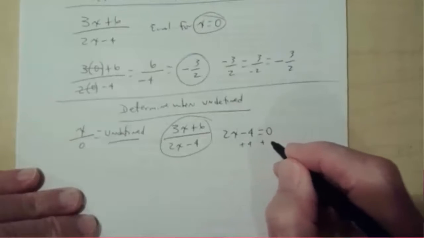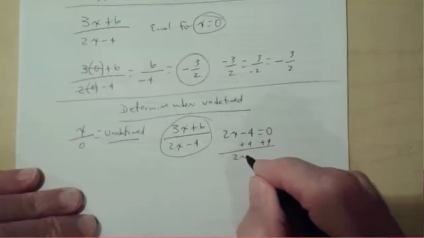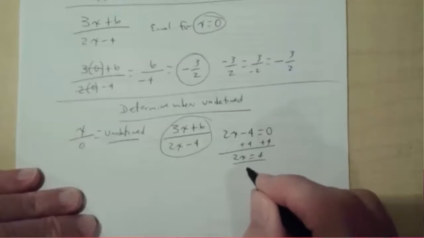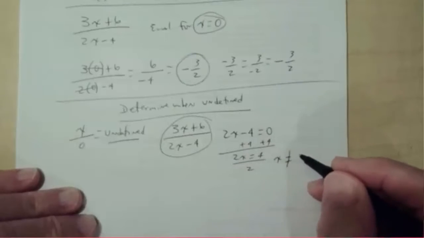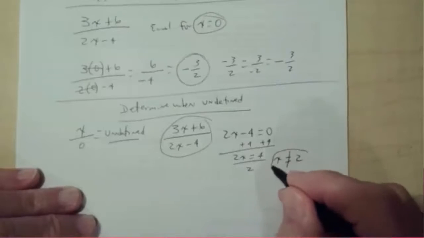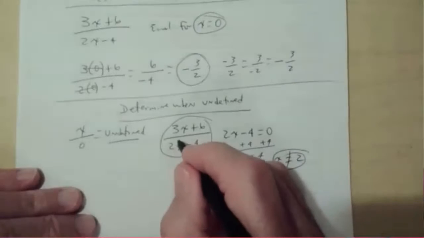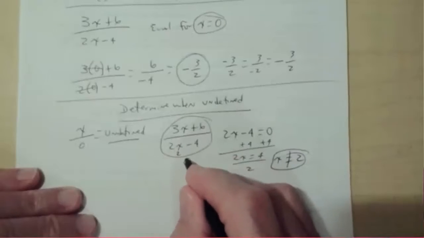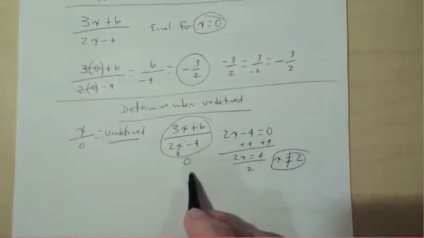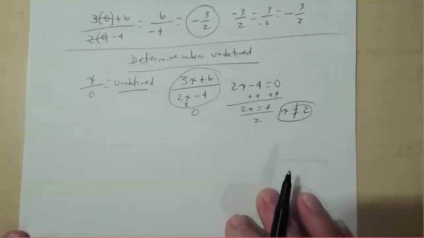Add 4, 2x equals 4, divide by 2, x cannot equal 2. If you put 2 back in here, 2 times 2 is 4, 4 minus 4 is 0, and like we said, we cannot have a 0 in the denominator.